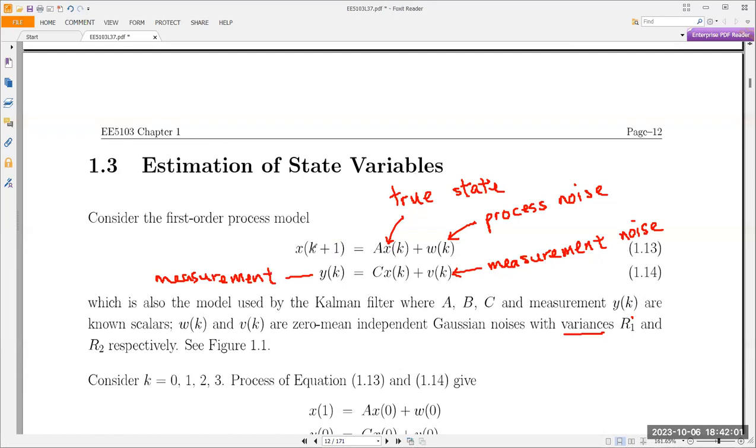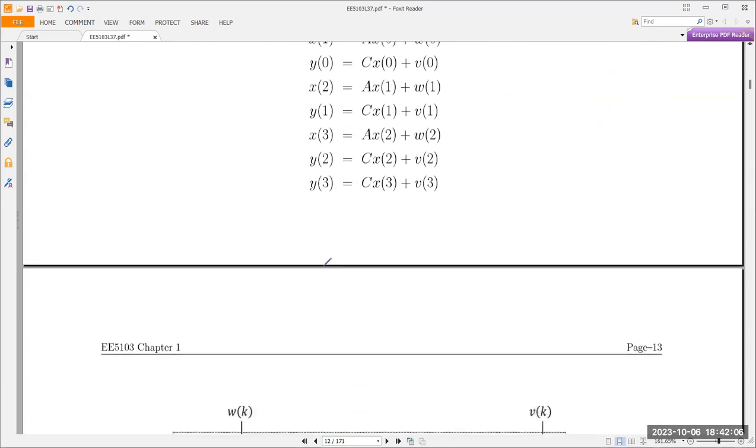So x(k+1) equals x(k) plus w(k). Now, let's say day 0, k equals 0. You're healthy, so your body temperature, which is the real state, is 36.